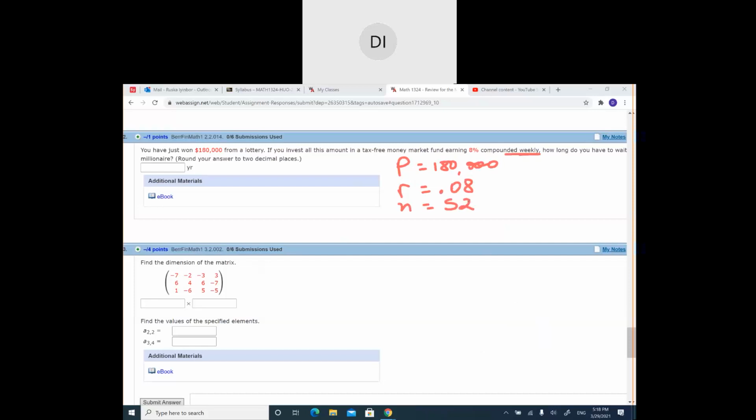And the question is, how long? So how long means what is t, the time. So you need to find the time to become a millionaire. So what that means? That means the amount you're going to get is going to be 1 million. Okay? So this is how you do it.